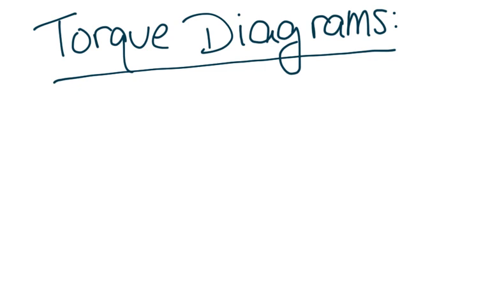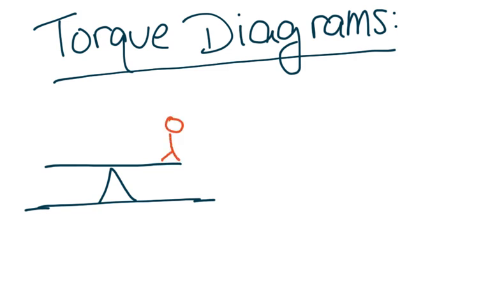So let me get an example here. Let's say I have this balance beam or seesaw, and I have some people standing on it because they don't follow playground safety. A torque diagram always starts off with a line to represent the object. In this case, we are representing the beam, okay?